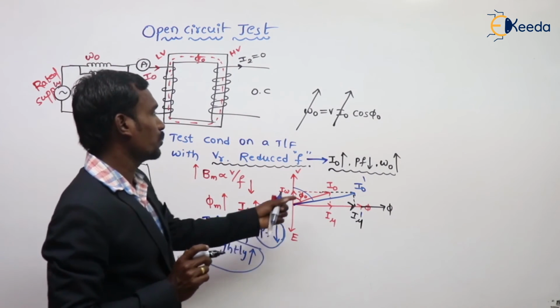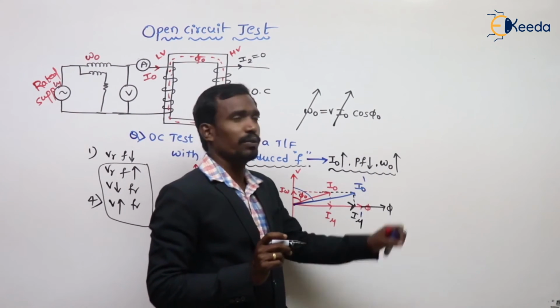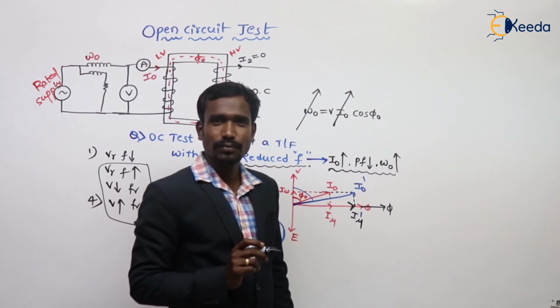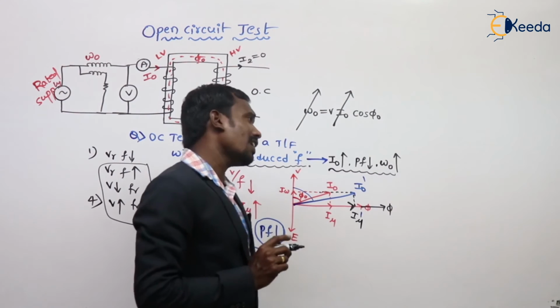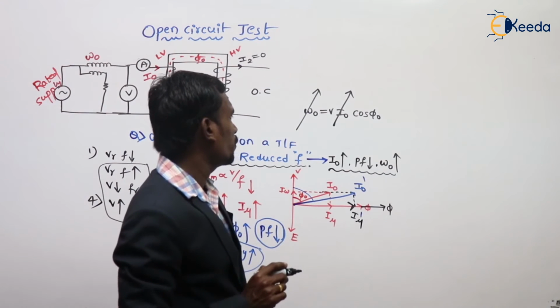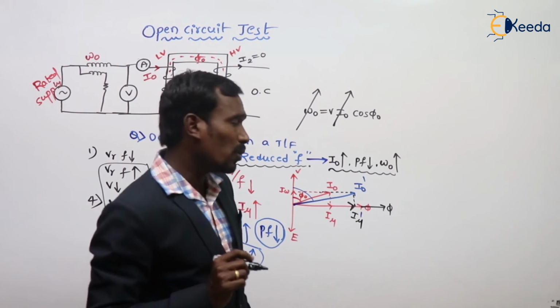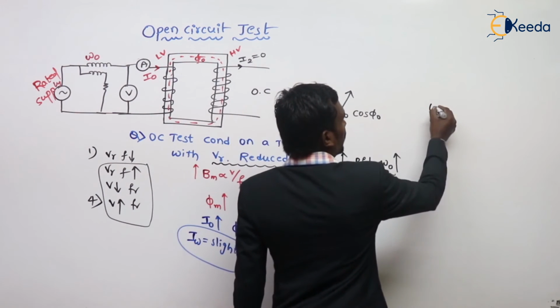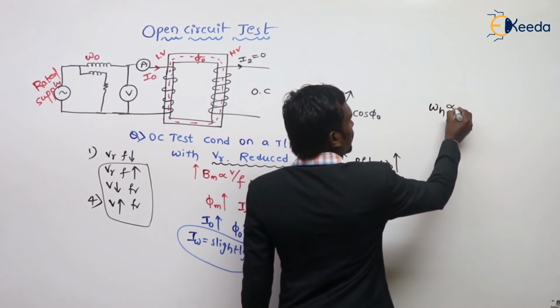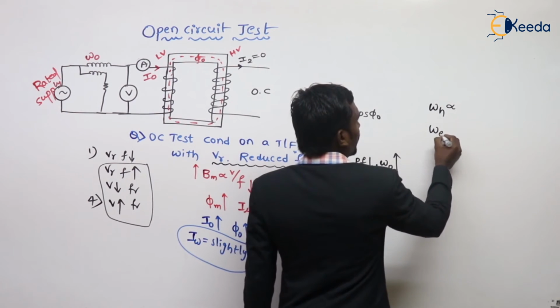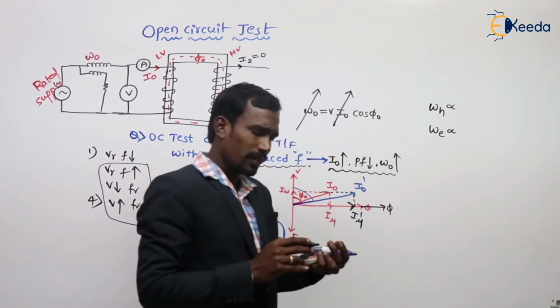So what happened to current, power factor, power? This also, we can give the answer directly. How directly? We know the hysteresis losses and eddy current losses formulas.